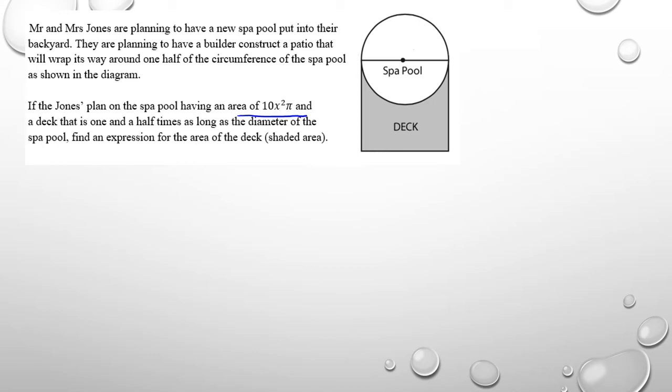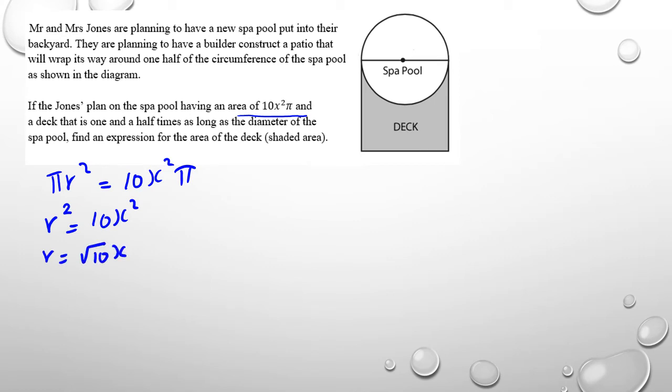Now to find the area of a circle, we do pi r squared. That's the rule for the area of the circle, and it's equal to 10x squared pi. So that means the radius squared is 10x squared. So that is giving me the radius is square root of 10x.